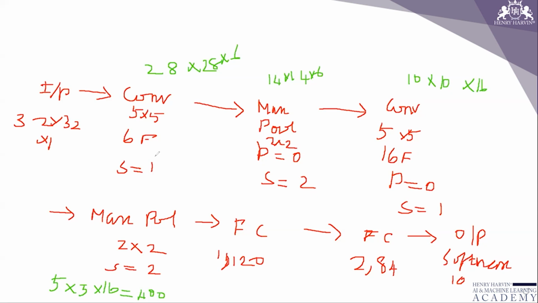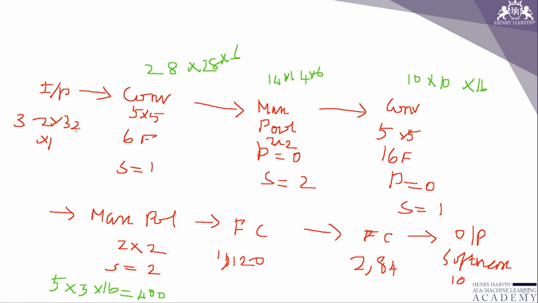Here in some places you can see striding and padding, so I hope we remember what striding is. In the first convolution layer, I have written stride is equal to 1, and in the second place I have written stride is equal to 2. Let us understand this in detail. What is the size of the input?